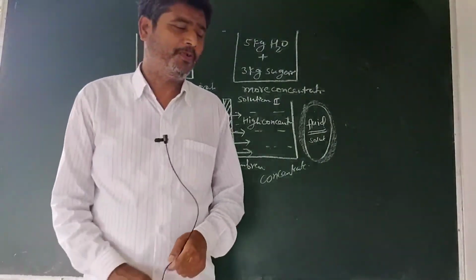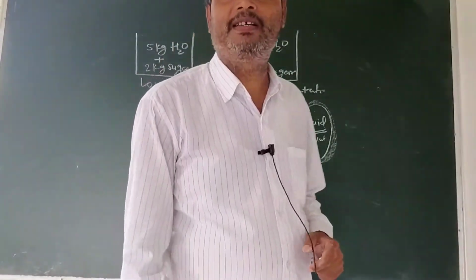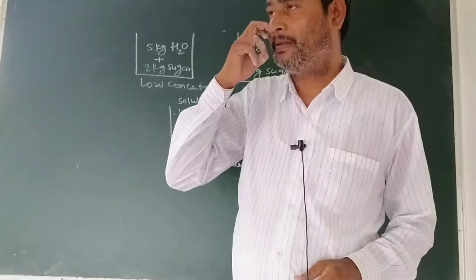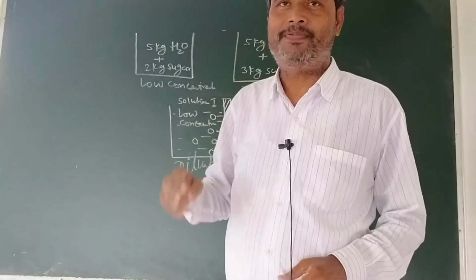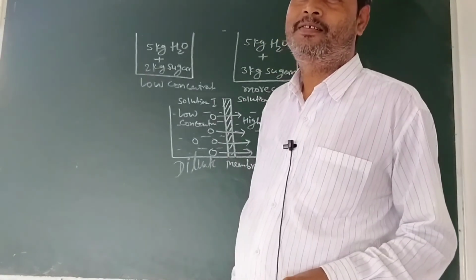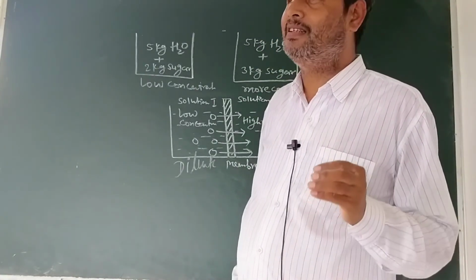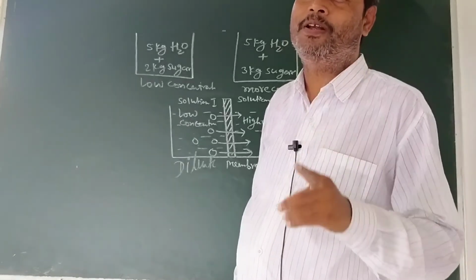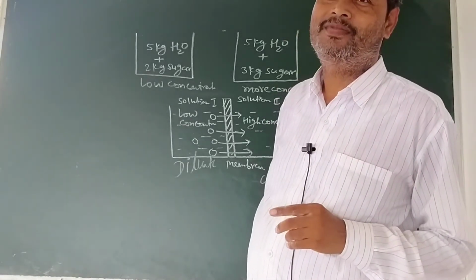The rule for osmotic pressure is provided by Van 't Hoff, and for this he is the winner of the first Nobel Prize in chemistry.